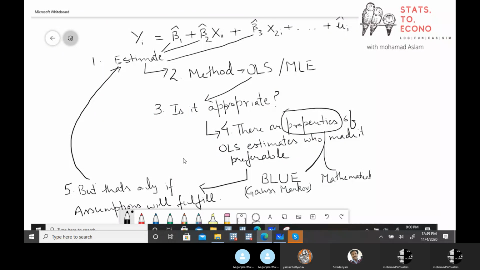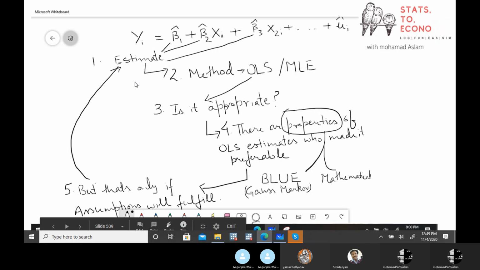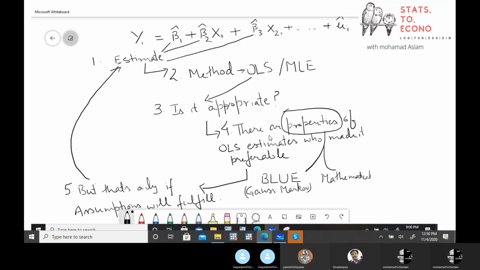These properties have this significance, but only when the assumptions are fulfilled. At least you should get the idea of what these properties are. BLUE property means that if you are using these estimates, you can have confidence that they are unbiased, minimum variance, and linear. So it means they are better to use, but only with the assumptions.